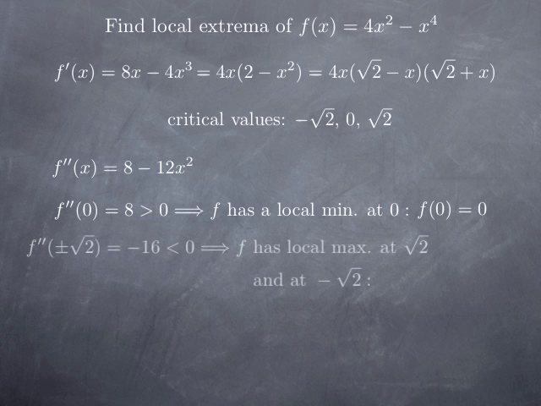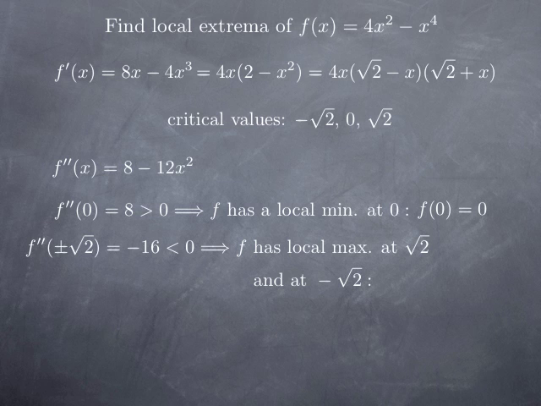Testing the other values, if we plug either positive or negative root 2 into the second derivative, we square it, we get 2, so we get 8 minus 24, negative 16, a negative value. That means near positive or negative root 2, the second derivative is negative.